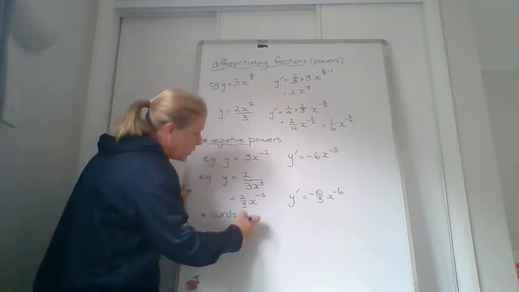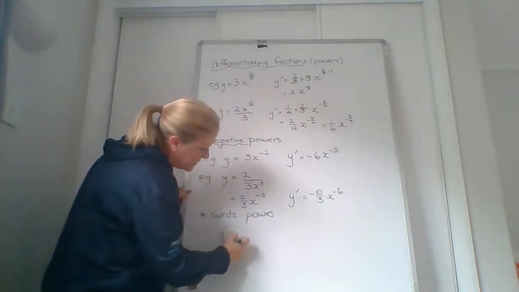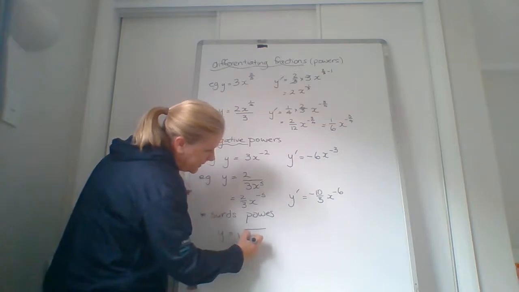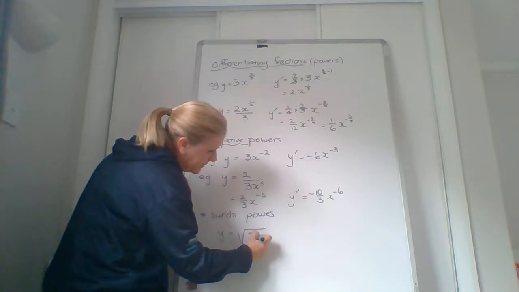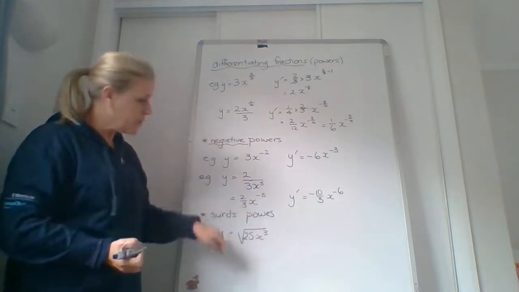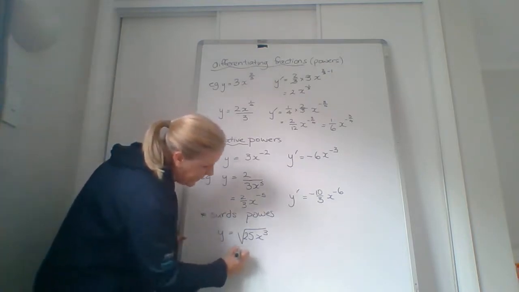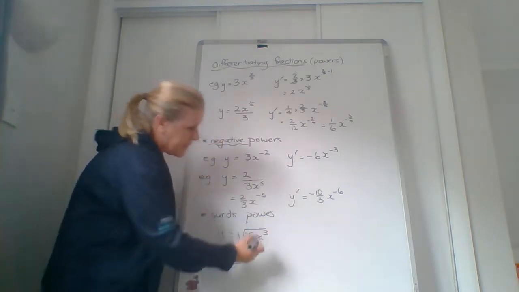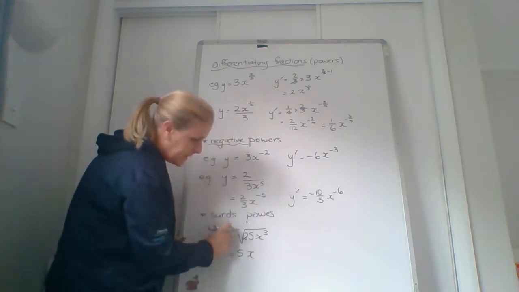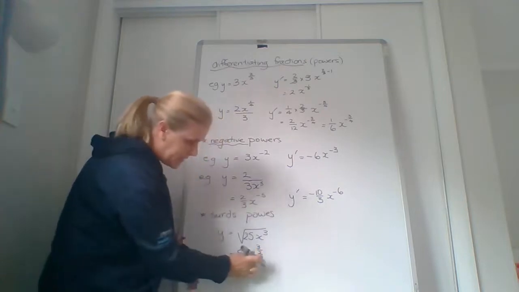So if we've got something like y equals the square root of 25x to the power of 3, we've got to use our algebra to rearrange this and not have the surd. So the square root of 25 is easy, that equals 5. And x to the power of 3, no. This is a square root, so it's 3 over 2, 2 being the square root.